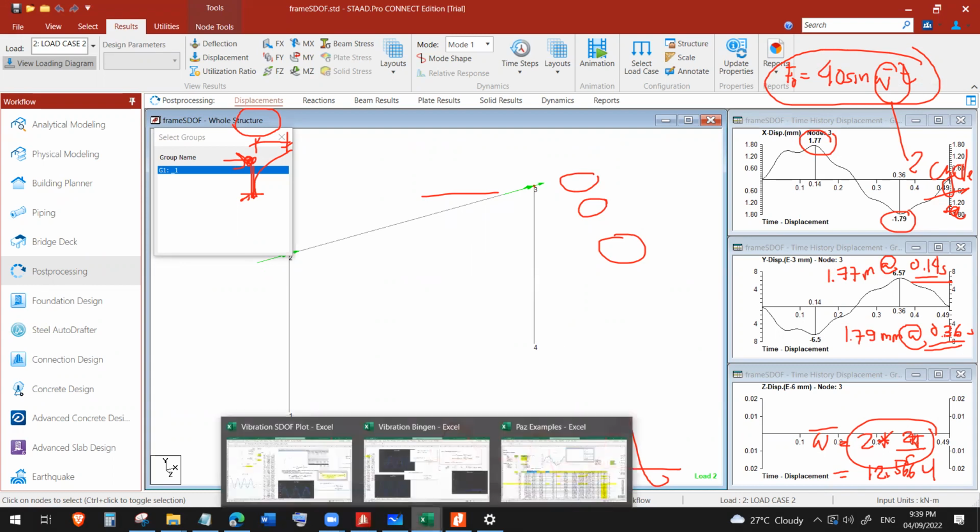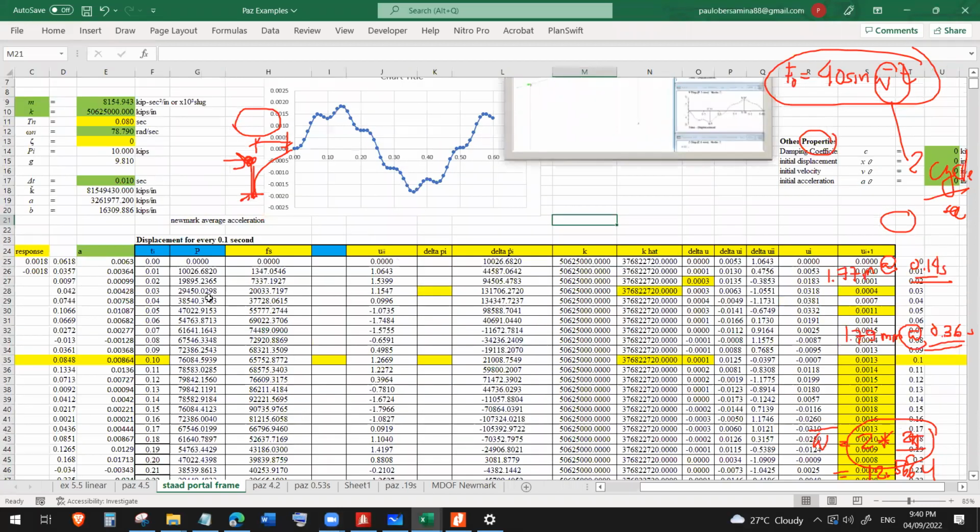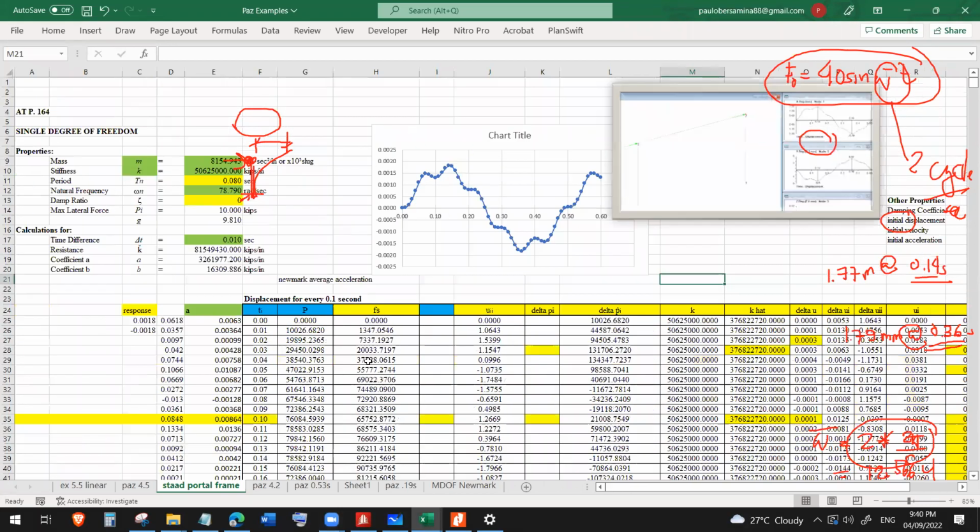Now, I'd like to also show how we were able to do that in our spreadsheet using a numerical methods approach, using Newmark's method. This is the same spreadsheet that we used earlier.